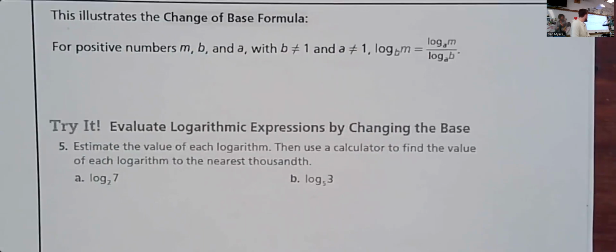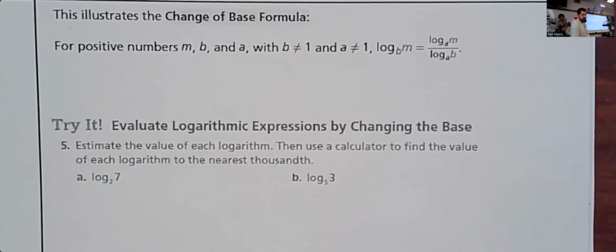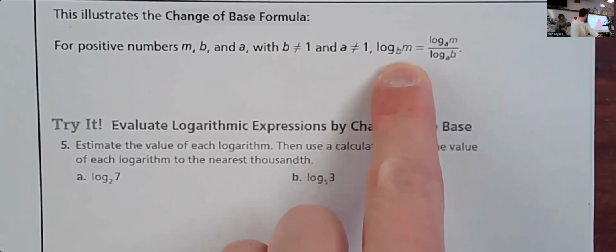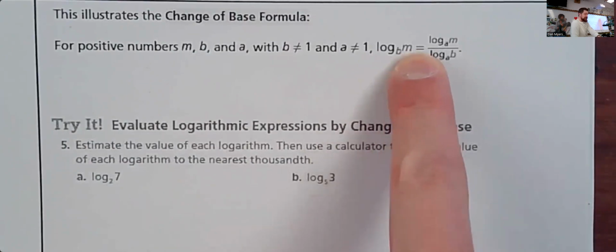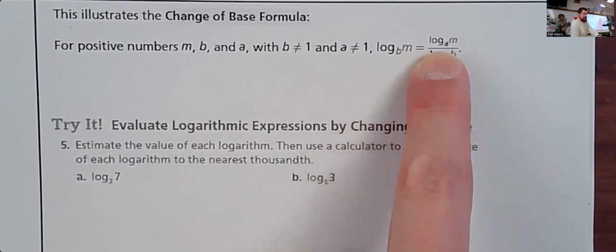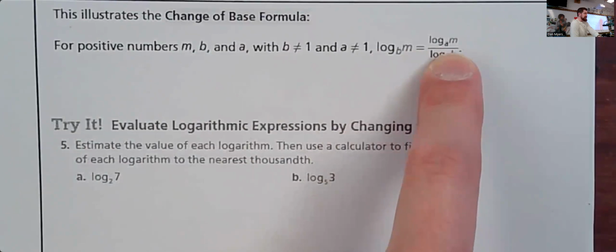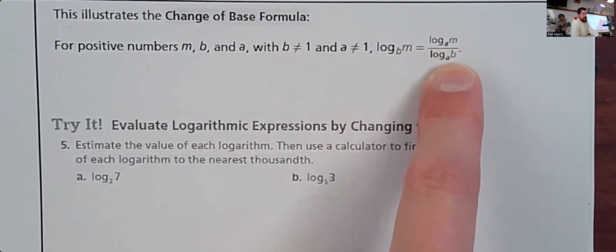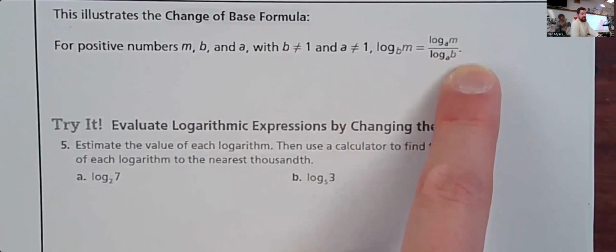But it can be used for other things as well. But we're focusing on base 10 right now. So whatever your original base value and your argument are, turn into log base of whatever the new base is, which for us will be 10, which means we don't have to write it, of the original argument, and then log base 10 of the original base value.